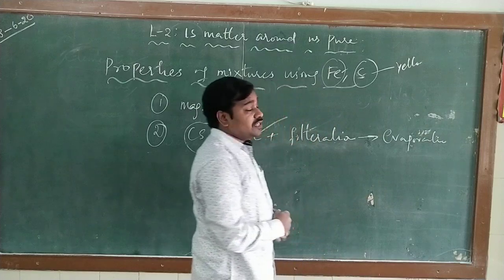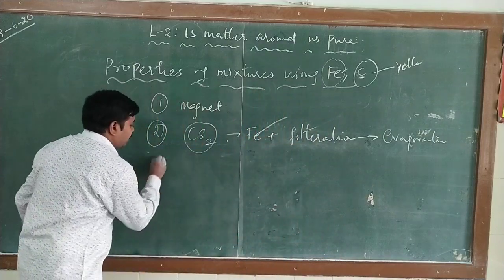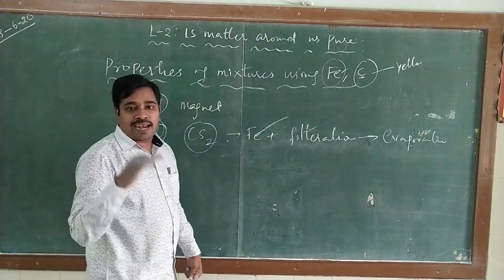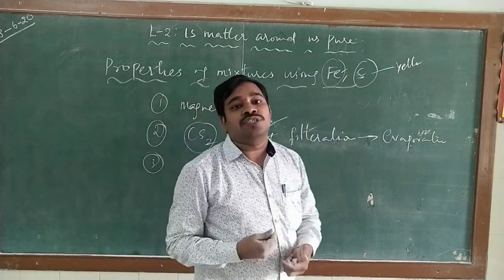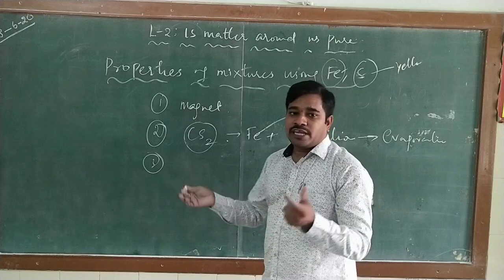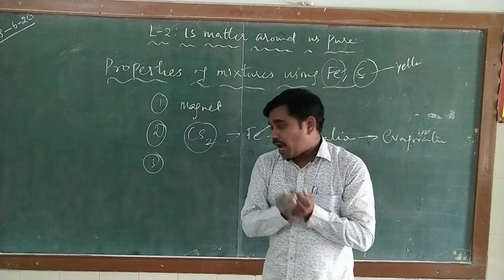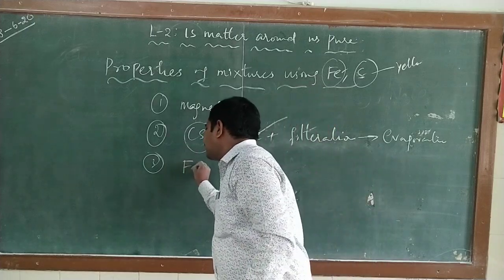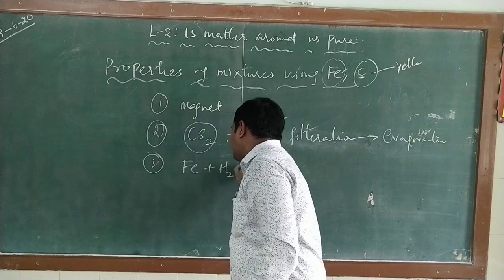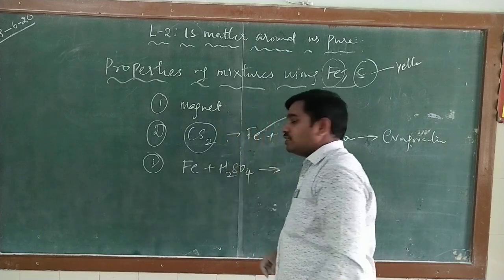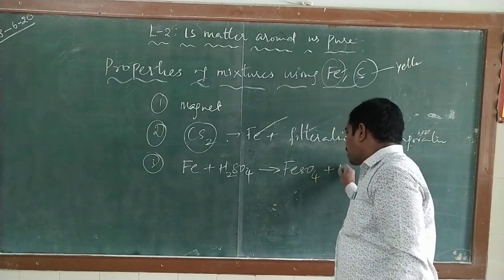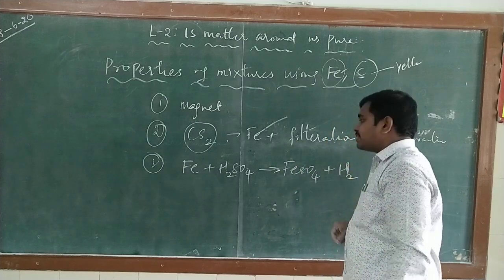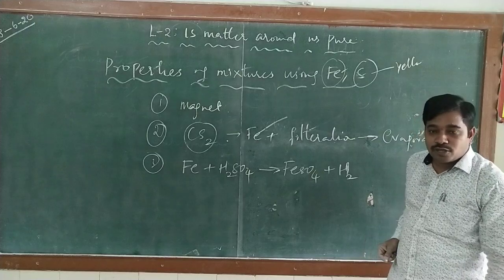And we also have one more chemical reaction. For example, a mixture of iron and sulfur is reacted with dilute sulfuric acid. When iron reacts with sulfuric acid, we observe FeSO4 and also a gas called hydrogen gas.